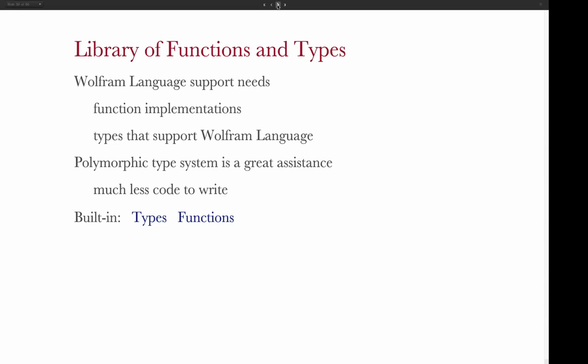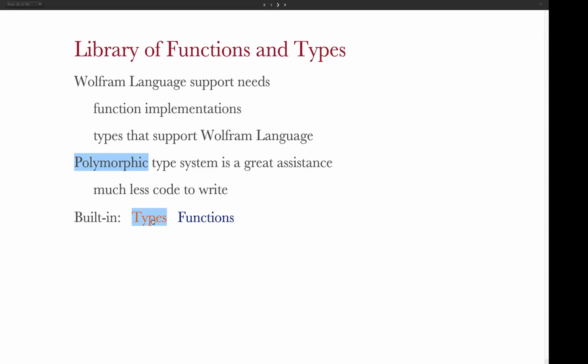You actually need some concrete implementations that exercise the compiler. So we've developed a big library of functions and types for the Wolfram language. Of course, the polymorphic type system is a fantastic assistance because there's much less code to write, but you can have confidence that your code's going to do what you want.